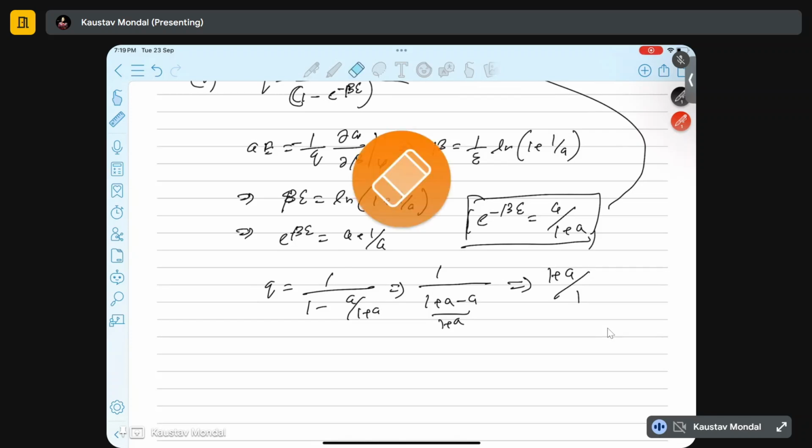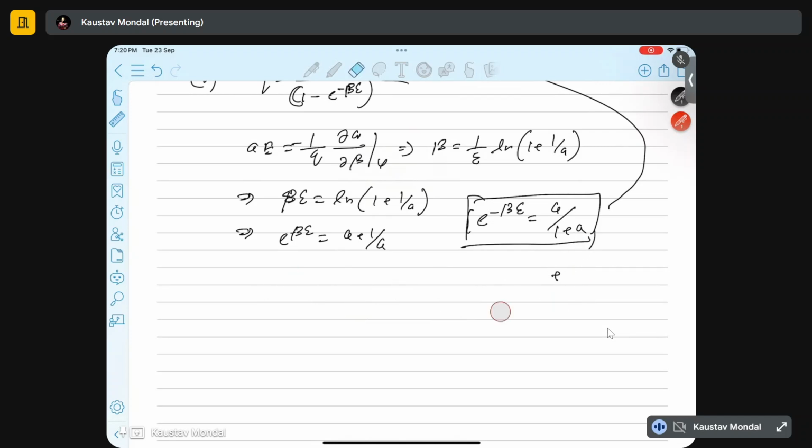Yeah, this is e to the power minus beta, right? It is e to the power plus beta.